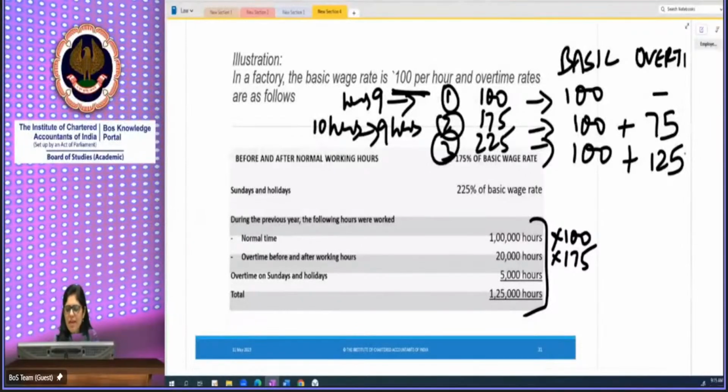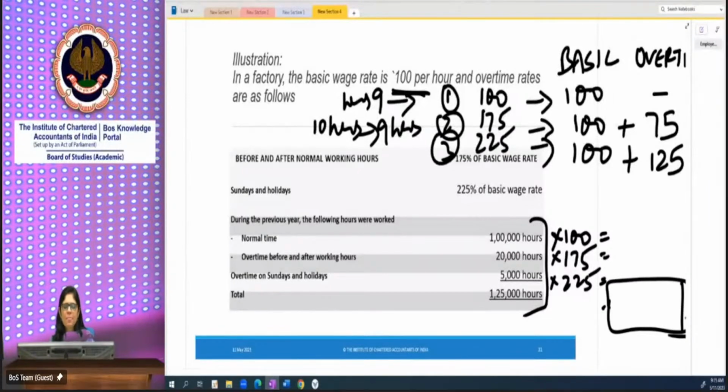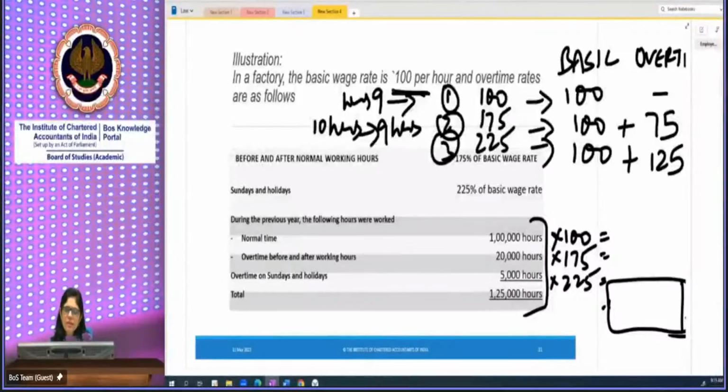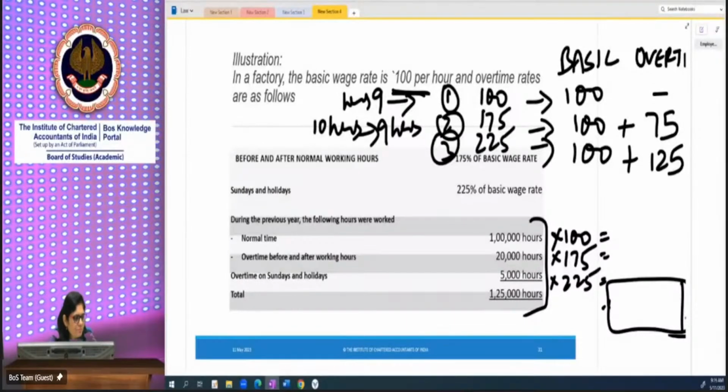For the extra 5,000 hours, the rate is 225. Just calculate the amount and tell me the total wages.